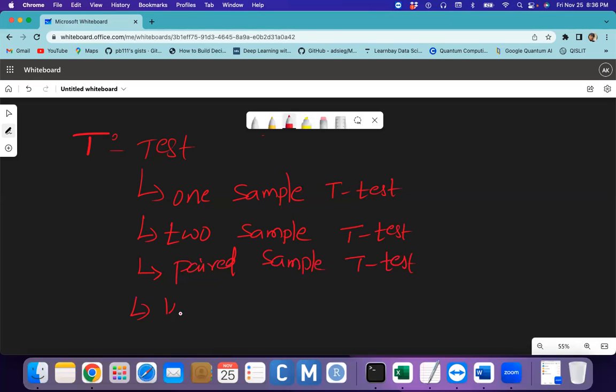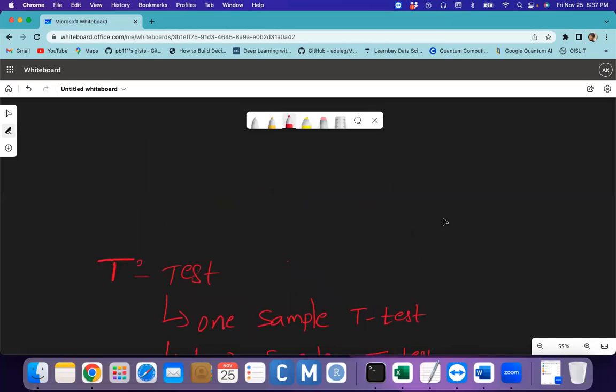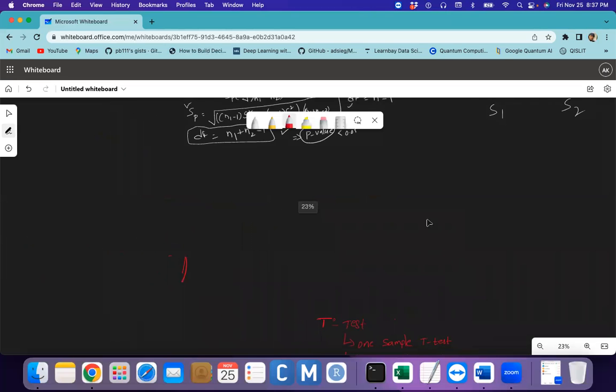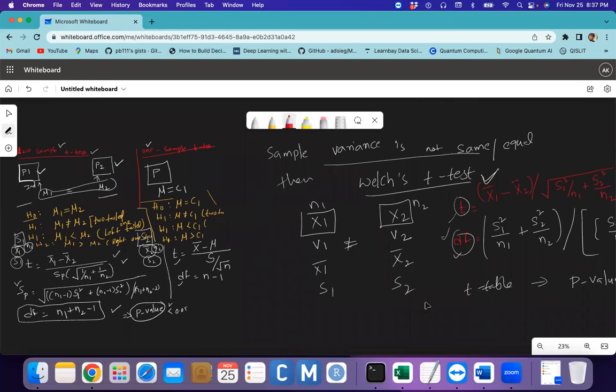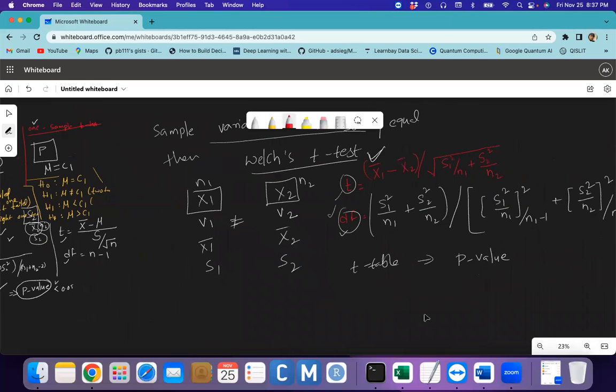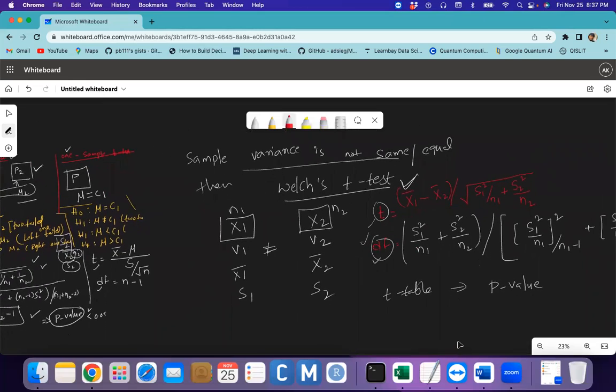And what about the next one? Welch t-test, right? Yes or no? Only these things we did, or any other? One sample t-test, Welch t-test, paired sample t-test, right?